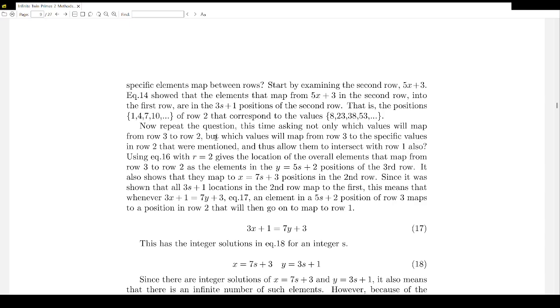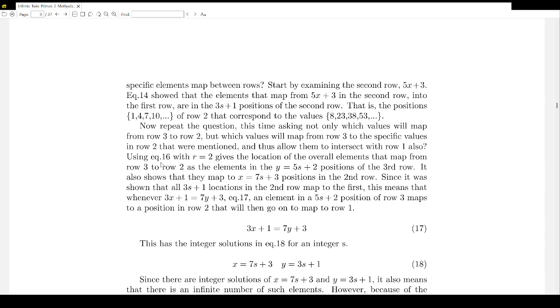So we want the values that map from row 3 to row 2, but we want the ones that map to row 2 in the positions that will then also go on to map to row 1. So we found a value in all 3 rows, if that makes sense.